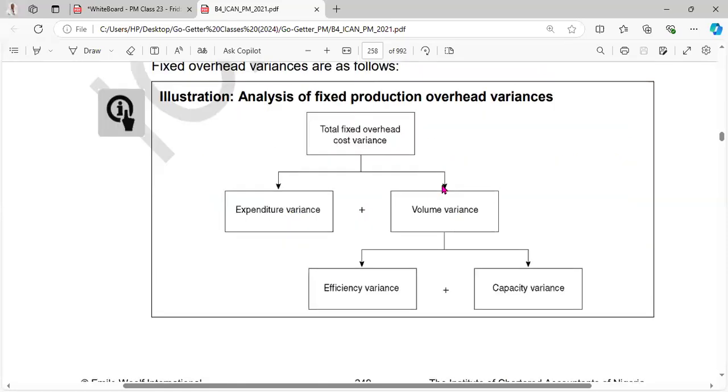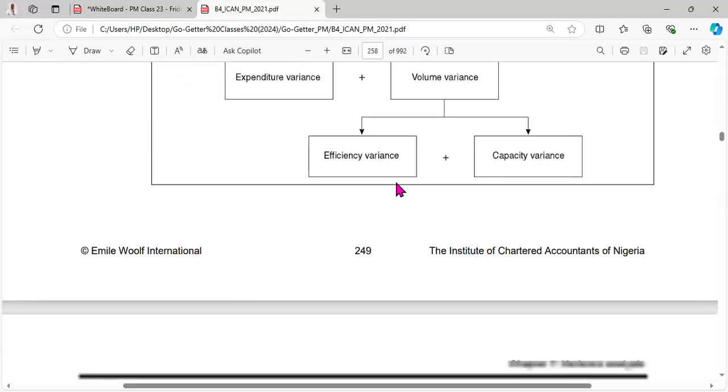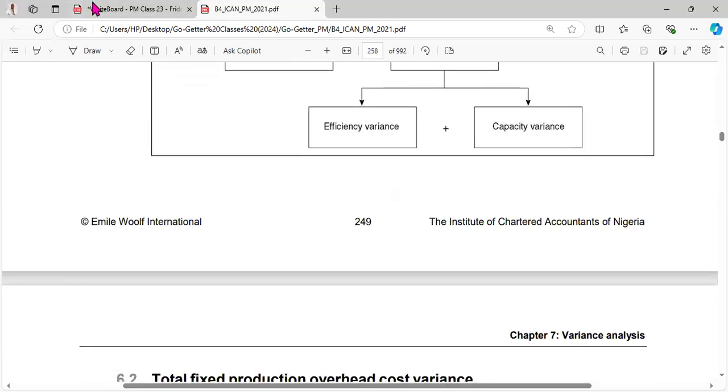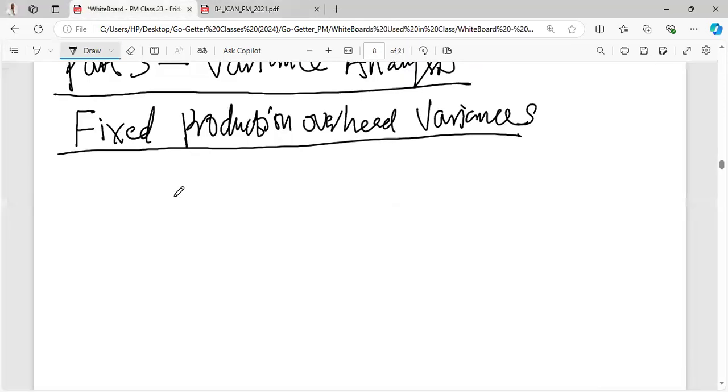So look at it. This is the total fixed overhead cost variance. So we have volume variance and expenditure variance. Then we have volume variance and capacity variance. So the way I will do my own now, we'll be doing it somehow a little bit different. Now I want you to look at this.